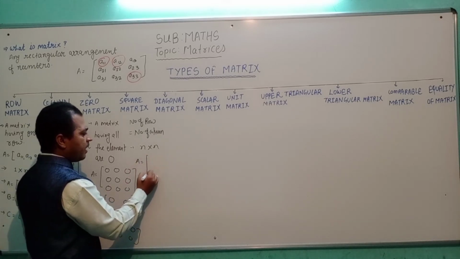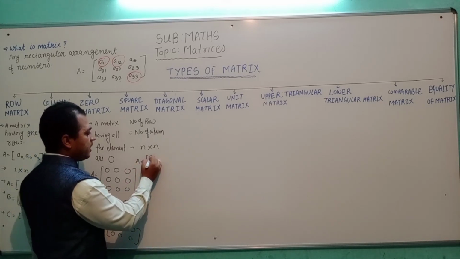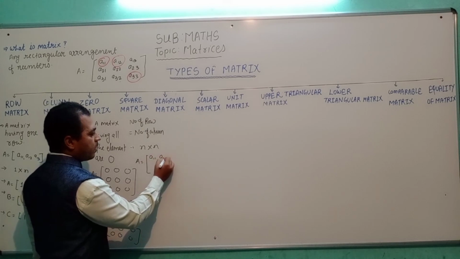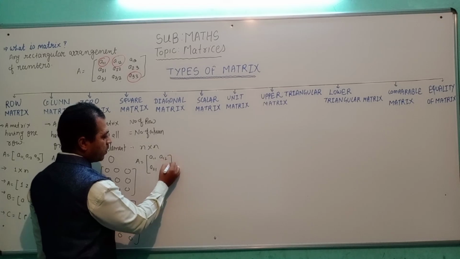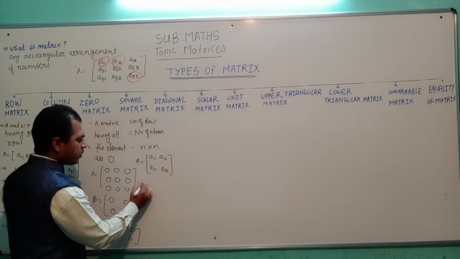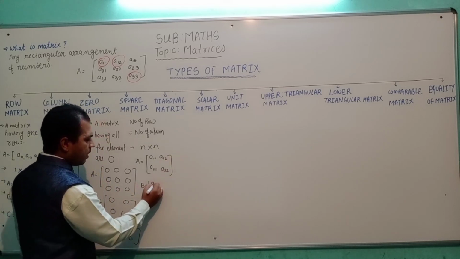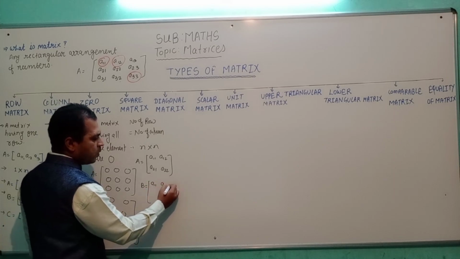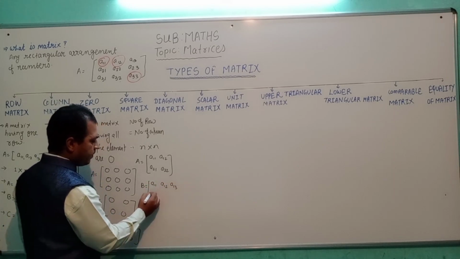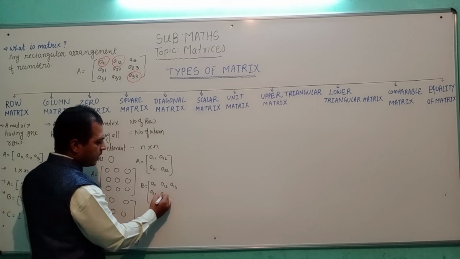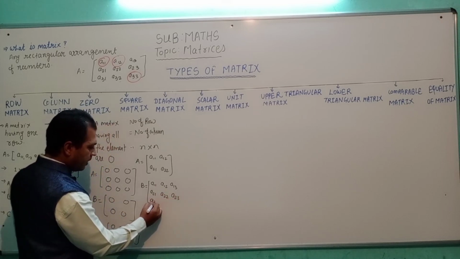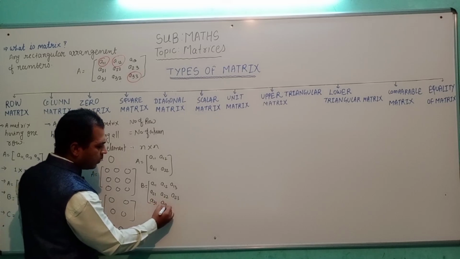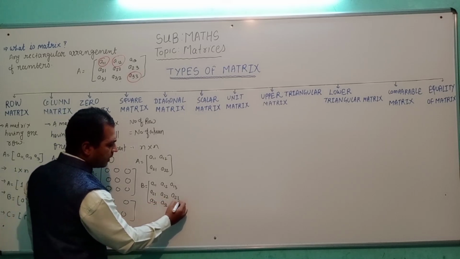Suppose a matrix A11, A12, A21, A22. Another example, suppose B, A11, A12, A13, A21, A22, A23, A31, A32, A33.